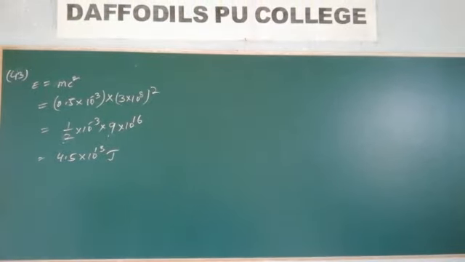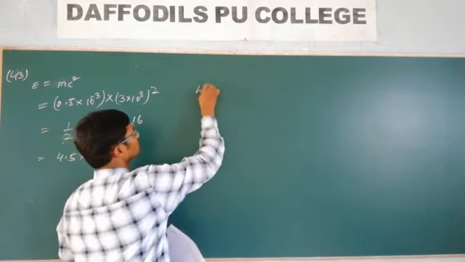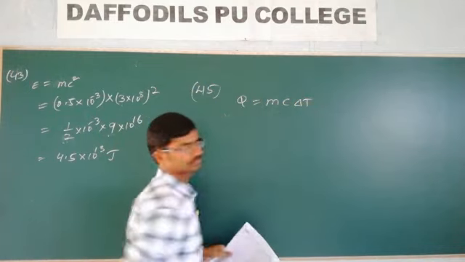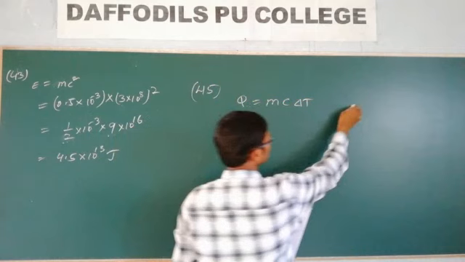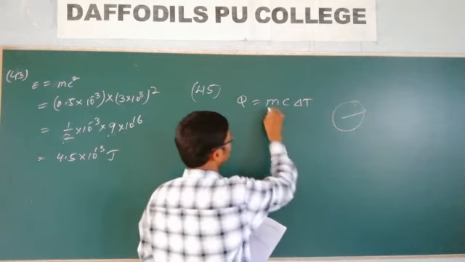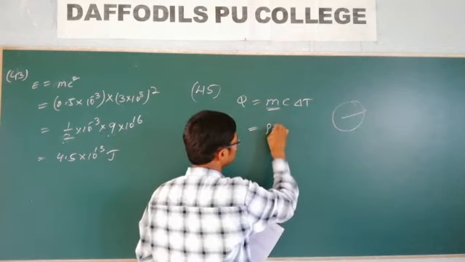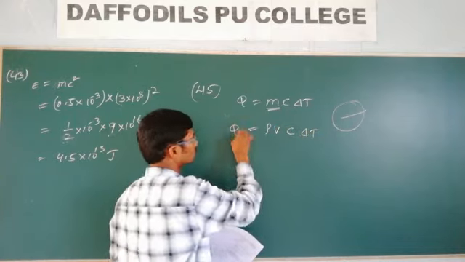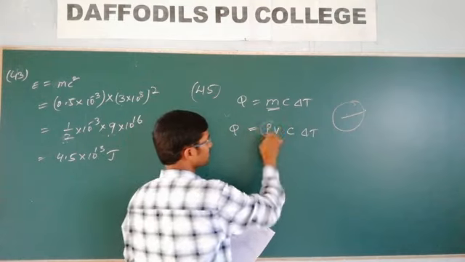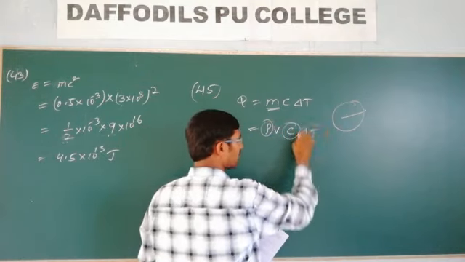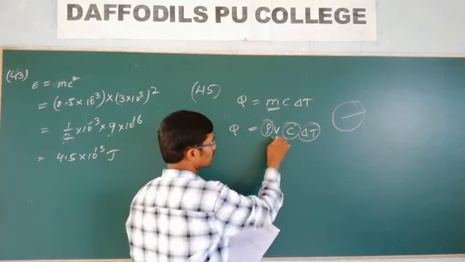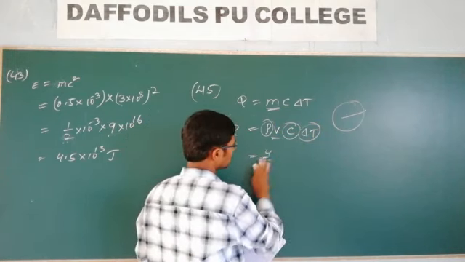The quantities of heat required to raise the temperature of two solid copper spheres, radii R1 and R2, through 1 Kelvin. You need to find the ratio of the heat. We know Q is equal to mc delta T. As it is a sphere, mass is nothing but density into volume, into specific heat capacity into change in temperature.